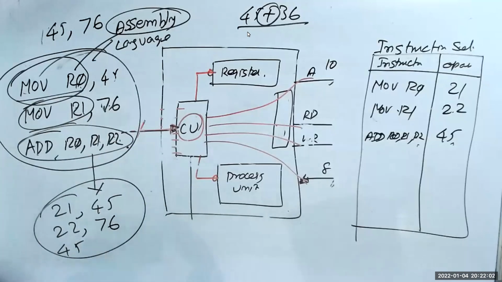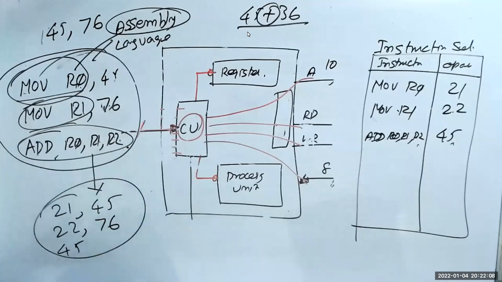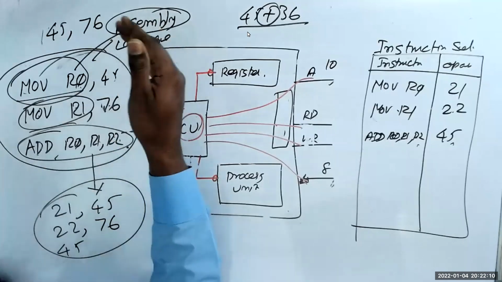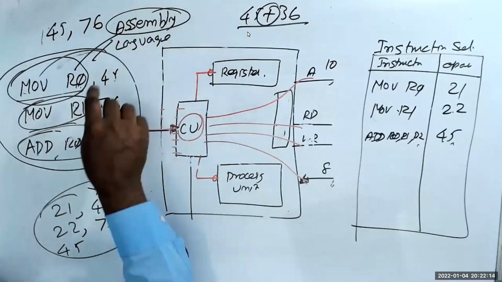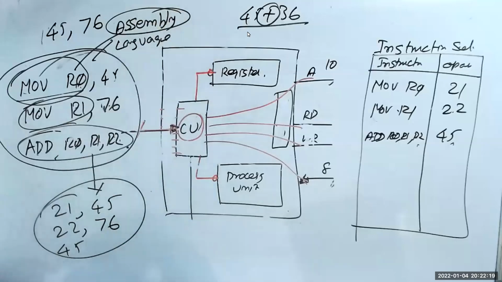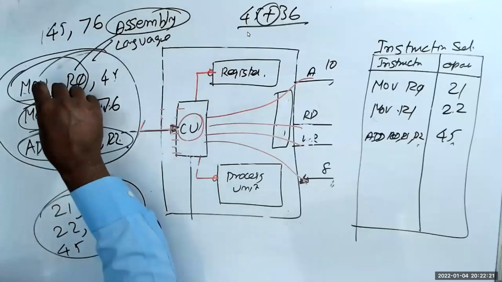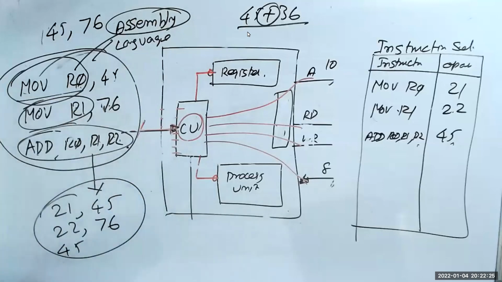When you wanted to assemble a car or bike or whatever it is, they would give you cryptic instructions like this, and you do them one by one. That's why they call this assembly language. It's a very cryptic language: move, add, load, store, everything. And this is called machine language.